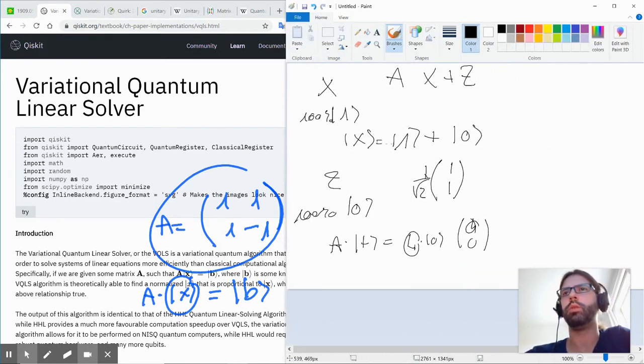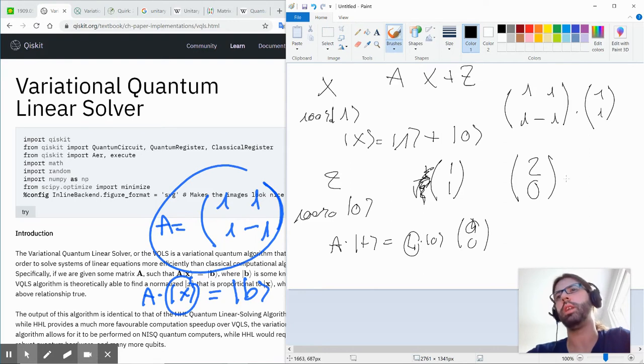Let's do these. This is a small matrix, so it shouldn't be a big deal. I don't know what I should do with this, normalized or not normalized. If I do these, this basically gives me 2, and this gives me basically 0.